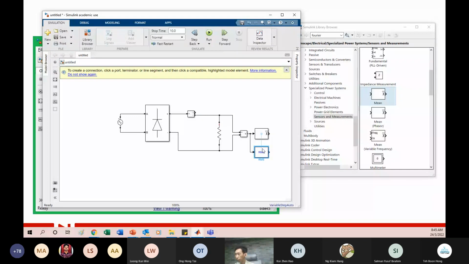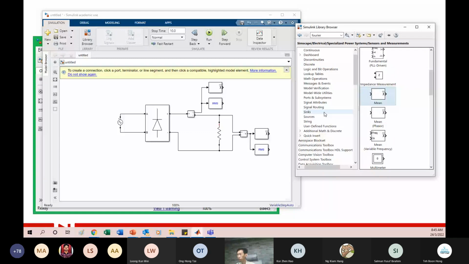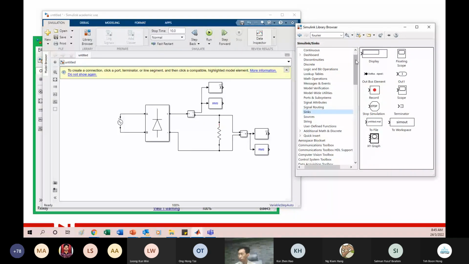And then you can also measure the current here. Similarly, measure the current. Then we go back to get the reading.